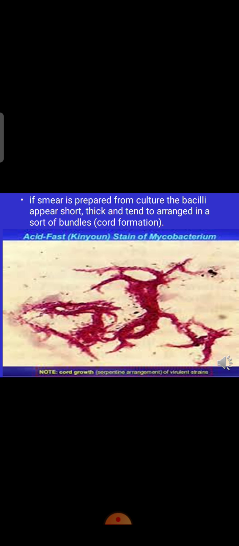This serpentine cord leads to the formation of cord formation. Again, cord formation is clearly seen in this slide. This slide is taken from a culture of a virulent strain of Mycobacterium tuberculosis.